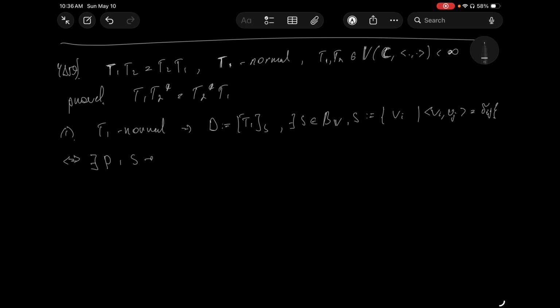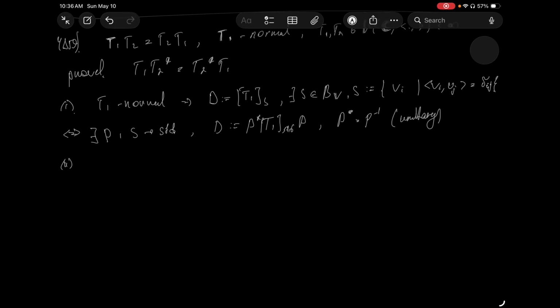Matrix P is the change of basis from S to the standard basis, such that D equals P adjoint times T1 with respect to the standard basis times P. And what is important here is that P is a unitary matrix.